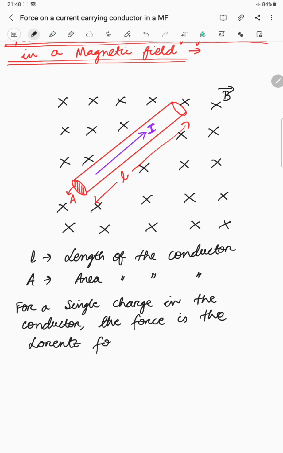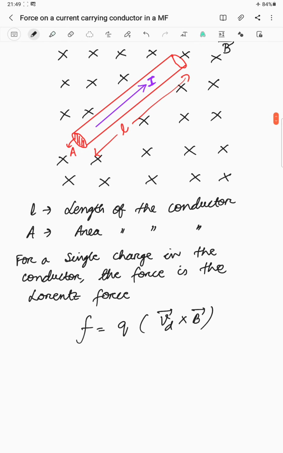I am denoting it as small f just to indicate that it is for the single charge. f is equal to q Vd cross B. This we have read from Lorentz force. Now what is this Vd? Vd is the drift velocity of the charge which is moving inside the conductor, because from the very beginning of this chapter we have understood that all the charges are going to move in the conductor with a common velocity, that is the drift velocity.